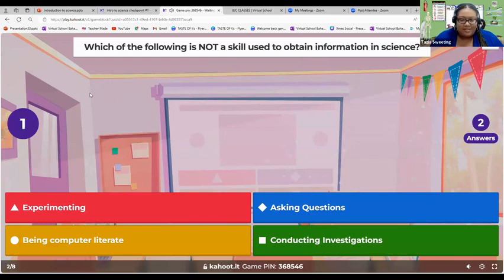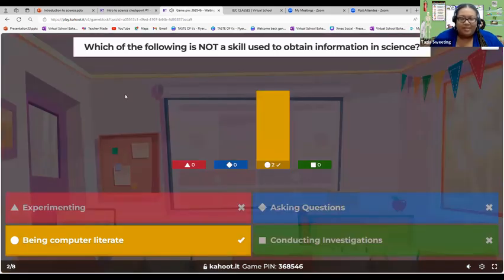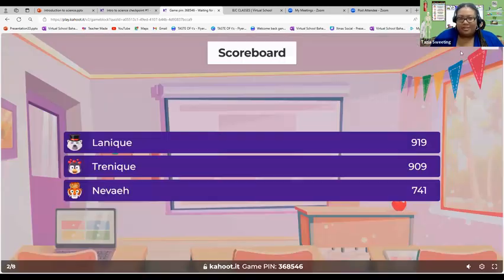All right, and the correct answer is being computer literate. That was not one of the skills that we use to obtain information. We can ask questions, we can experiment, we can conduct investigations, but not being computer literate.